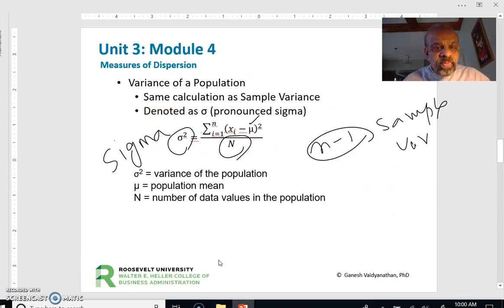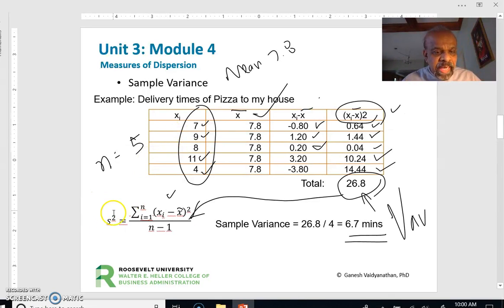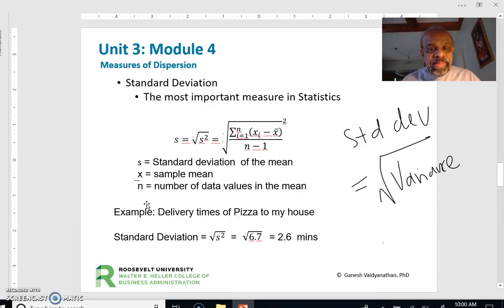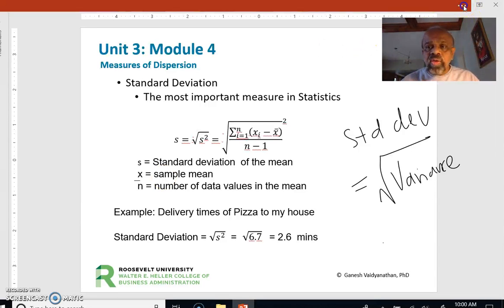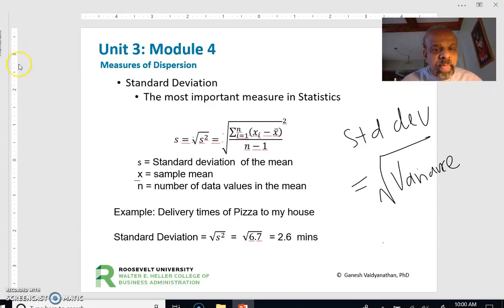And when we talked about the population variance, we called it sigma squared. So sigma squared or s squared is the notation that we are using. Now for the standard deviation, we are going to just use this s squared or sigma squared as the variance, and that's why it is the square root of the variance. So the square root of the variance is pretty much what we are talking about as the standard deviation.